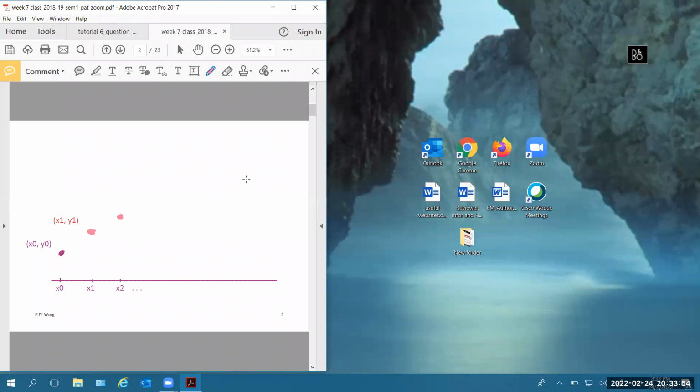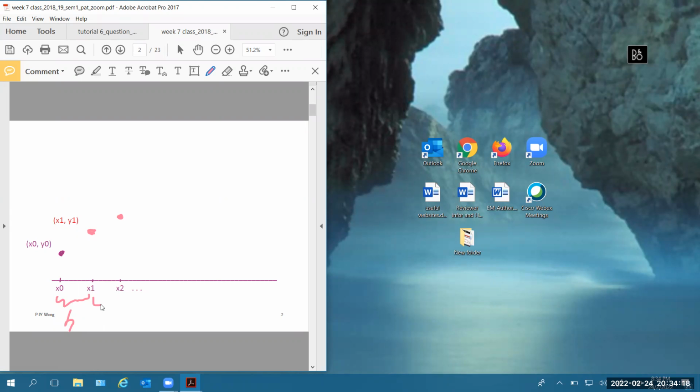Another thing to note is that I write all these x0, x1, x2, right? These are the x values where you want to find the y value. Are they arbitrary? No, they are not arbitrary. They are all equal distance. So between these, this distance is h.